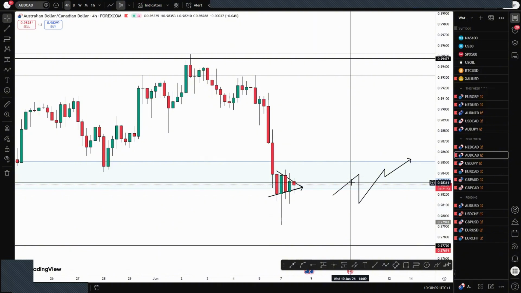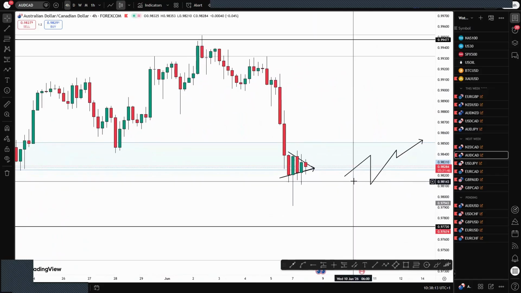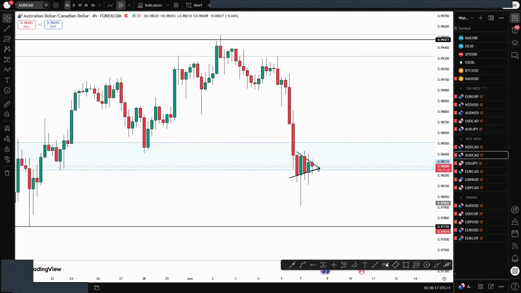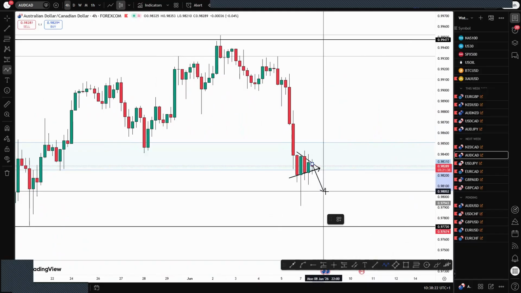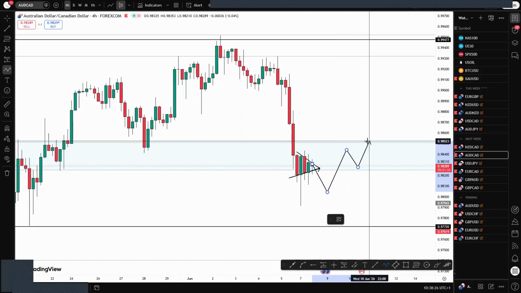But anyway, it's still the same thing. I want the 4-hour to print a new lower low and a new lower high at this point, and right now I don't have it. So I expect price to make a new lower low so it can shift and then buy.